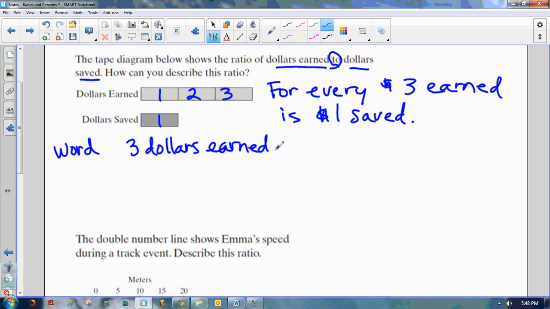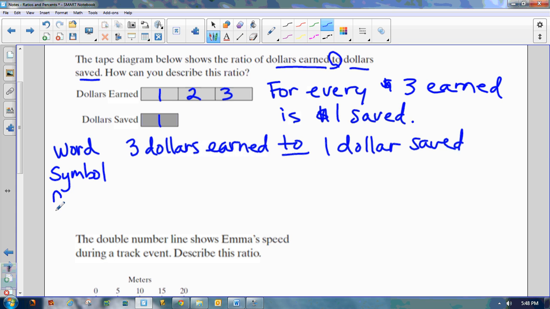Again, these were labeled, so we're going to keep those labels. There's our word form, to $1 saved. We have symbol form, and we have fraction form. I want you to pause the video and take a couple of minutes and complete the symbol and fraction form of this ratio.